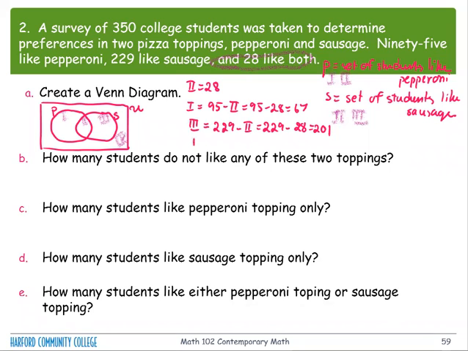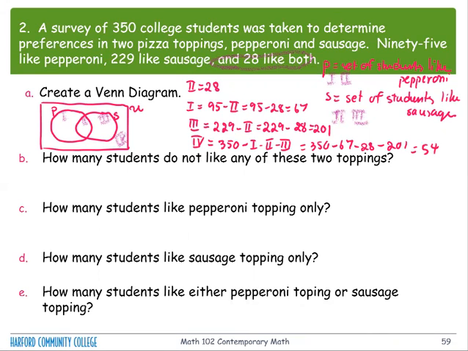And the last one, region 4, would be the rest of the 350 college students other than the pepperoni and sausage preferences. So we can compute this as 350 subtracted by region 1, region 2, and region 3, which is 350 minus 67 minus 28 minus 201, and the number comes out to be 54.